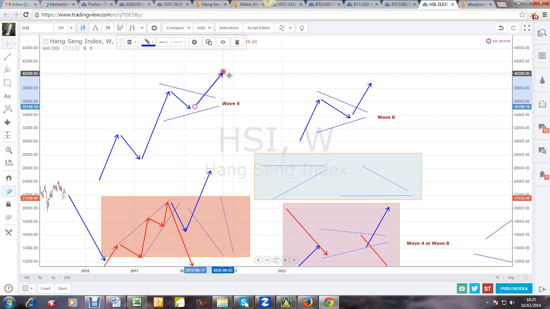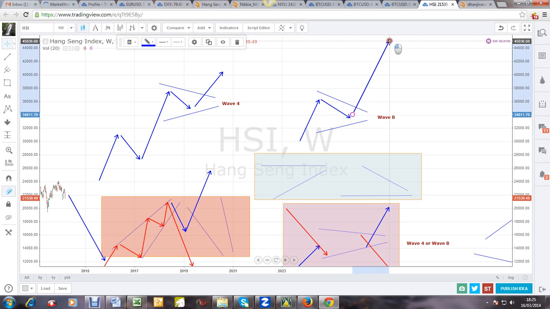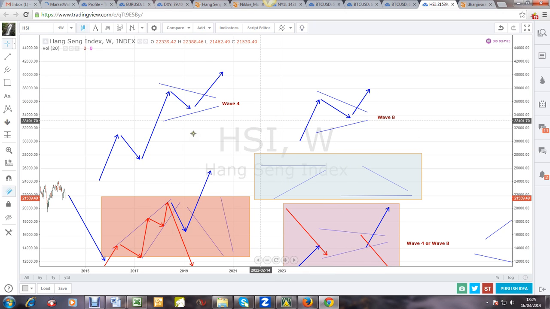Okay, same again with this wave B. If we have a triangle where we get congestion, wave B, and then we get A, B and C, in that leg C can be either relatively short or it could be very, very long. So which one is it going to be? Well, whilst there's no 100% way of telling which one, what you have to try and remember is where this wave 3 or this wave B ends.